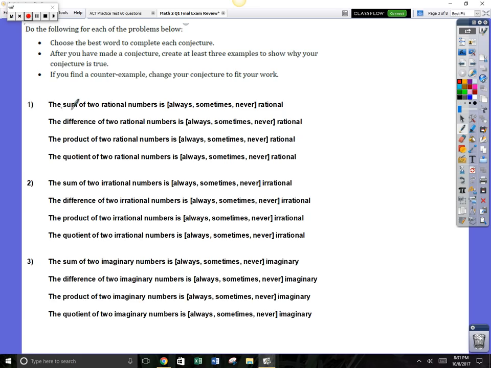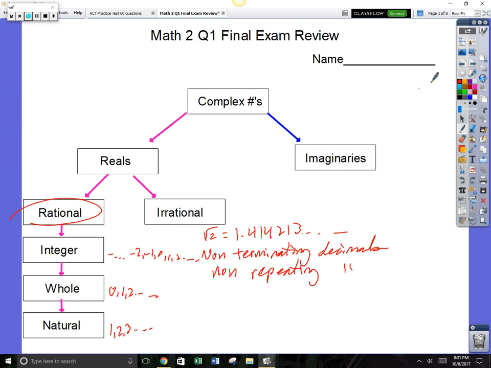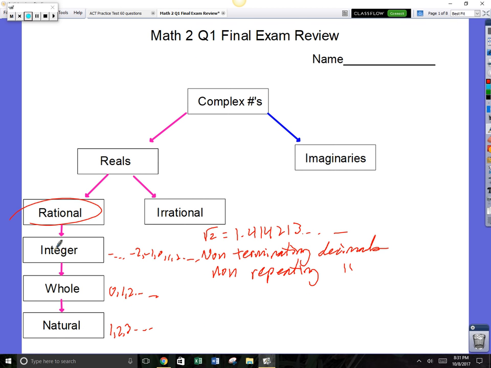So here we go. The sum of 2 rational numbers is always, sometimes, or never rational. So if we're adding any of the rationals, we can choose any of the naturals, wholes, integers, or fractions.